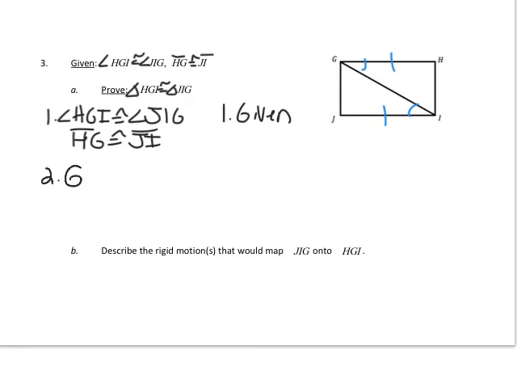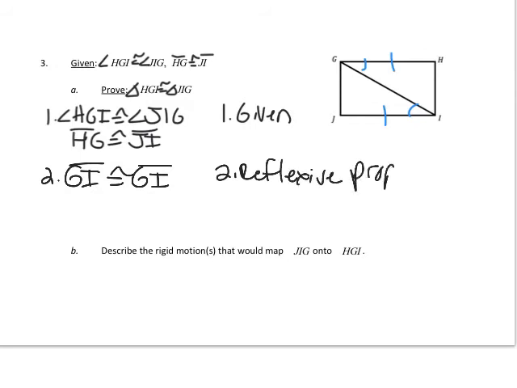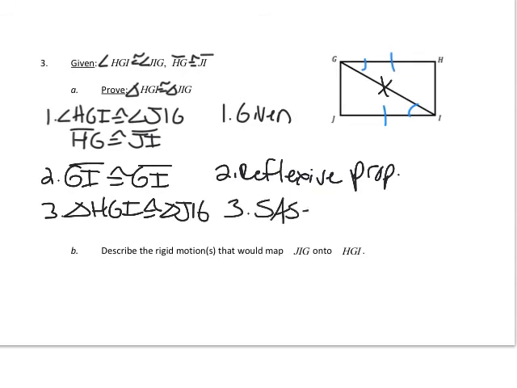So I can say GI is congruent to itself, and that's the reflexive property. That's enough to say the triangles are congruent. Triangle HGI is congruent to triangle JIG because of side angle side congruence.